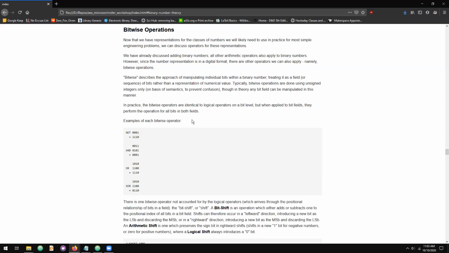And with signed operations, you can still apply these bitwise operations. But I find in practice, there isn't really much reason to do so using a signed value, because there are configurations of the bit field representing that signed value that we're taking to mean something. But with an unsigned integer, there isn't, by convention, anything special about any of the individual bits.